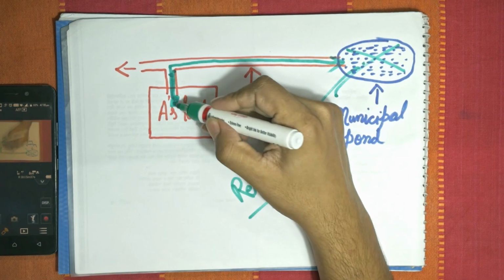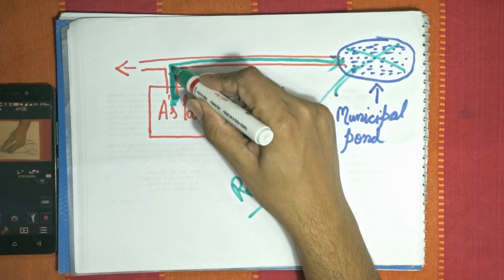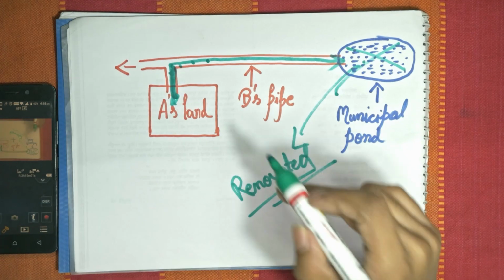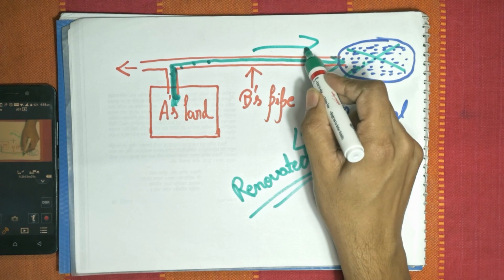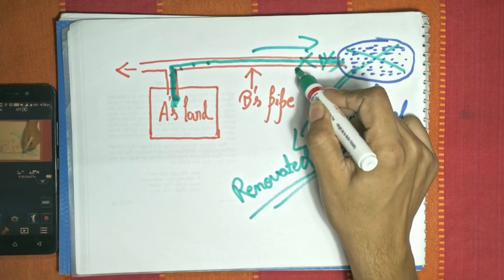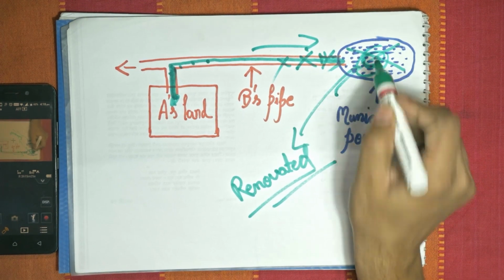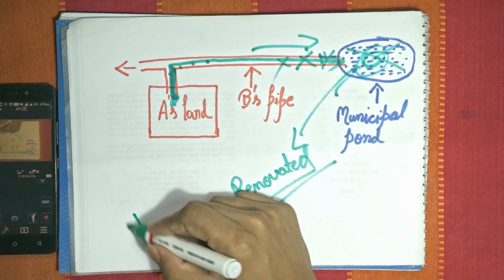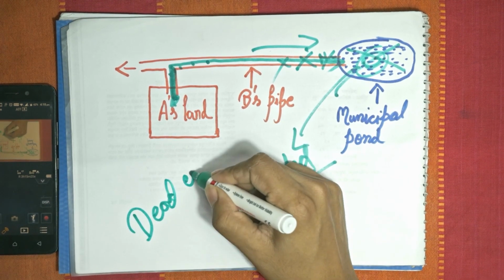Now understand that A's right of draining water to B's pipe has not been restricted here. He can still do that. B is not stopping it. But at the end of the pipeline, the water cannot now drain to this particular pond, and hence this pipe has been turned into a dead end. So the easement right of A exists, but it becomes absolutely useless because the water is not draining anywhere, and hence it will become extinct.